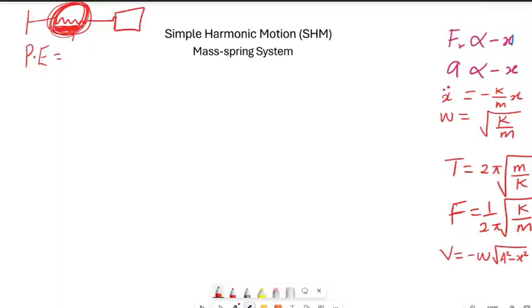Since the spring force is a variable force, because it changes with distance, we have variable force and we have constant force. Maybe in another video, I will explain what a variable force, a constant force, a conservative and a non-conservative force is.